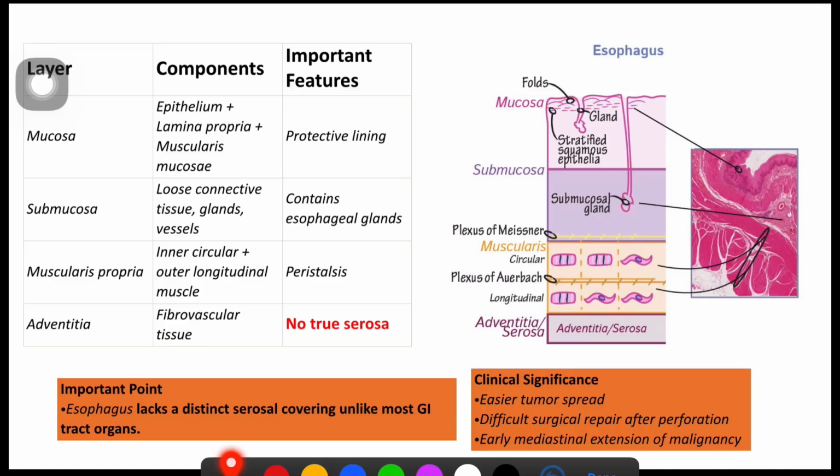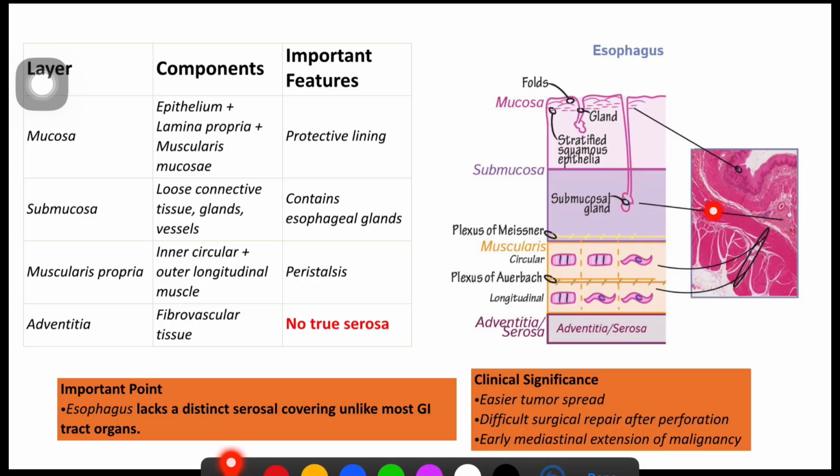So, what is muscularis mucosae? Muscularis mucosae means the muscle layer of mucosa. Here you can see it is beneath the epithelium. So, this layer is muscularis mucosae, and the proper layer of muscle means muscularis propria.